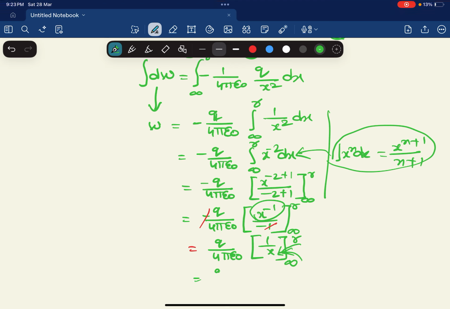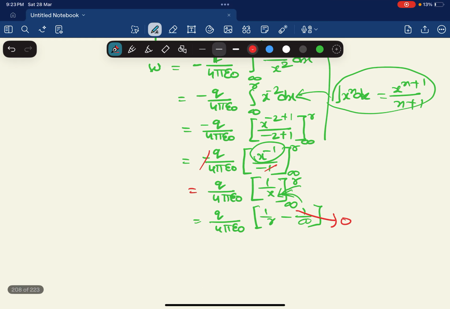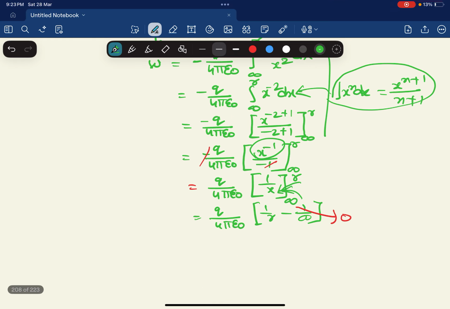So Q by 4 pi epsilon naught into 1 by R minus 1 by infinity. Where 1 by infinity is equal to 0, therefore the work done is equal to Q by 4 pi epsilon naught into R.